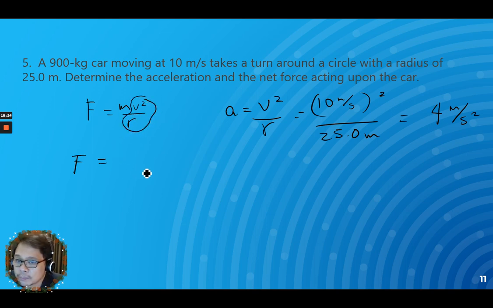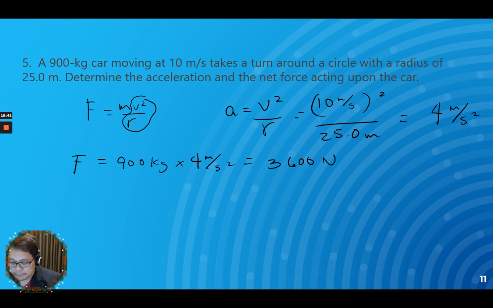It's 4 meters per second squared. The mass is 900 kilograms. Multiply this by 4 meters per second squared. You get 3,600 newtons. And we follow the rules on significant digits. One SF, so 4,000 newtons.